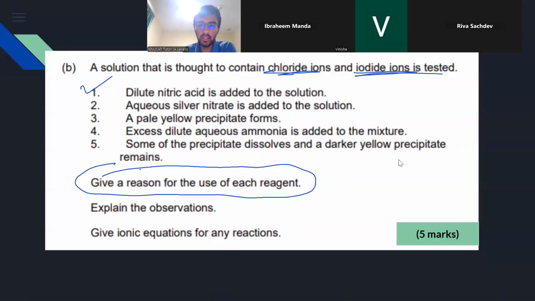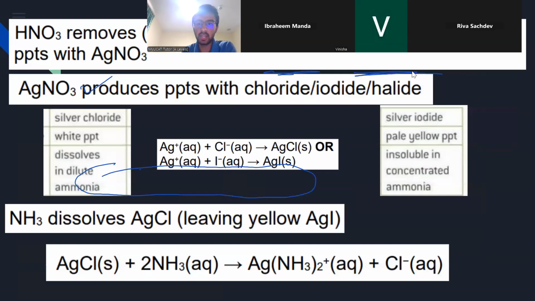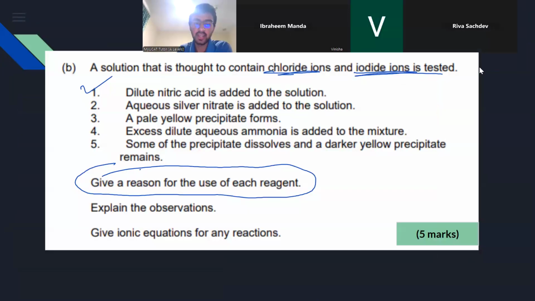Carbonate ions? Maybe. What other kind of ion? So carbonate or maybe hydroxide. So we're thinking about, can we get rid of any carbonate ions? Can we get rid of any hydroxide ions? Next, we're adding aqueous silver nitrate. Why are we adding aqueous silver nitrate?